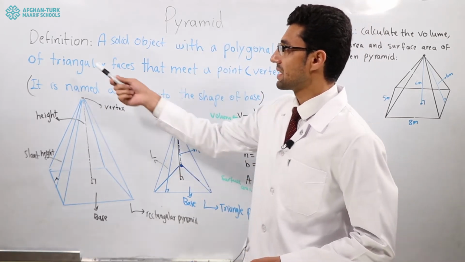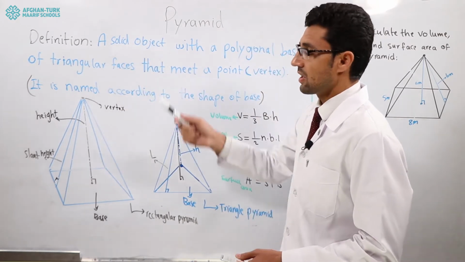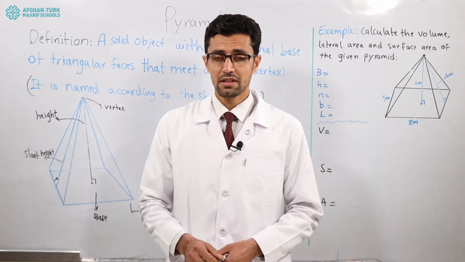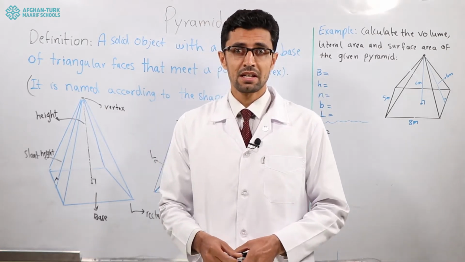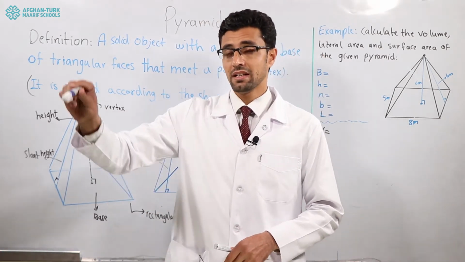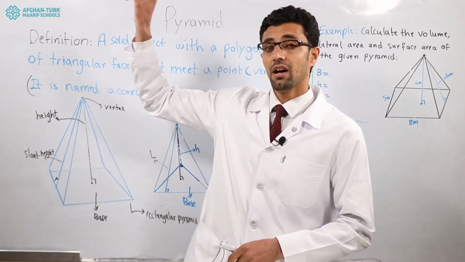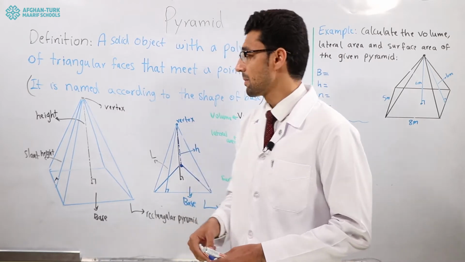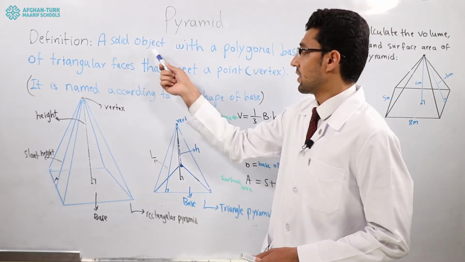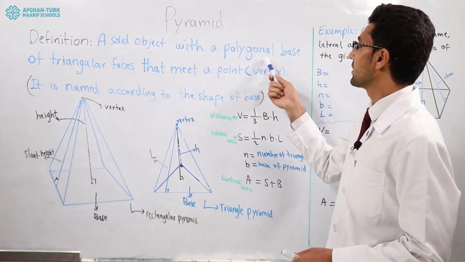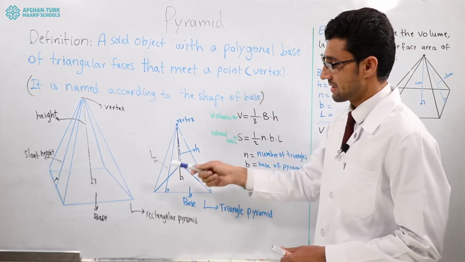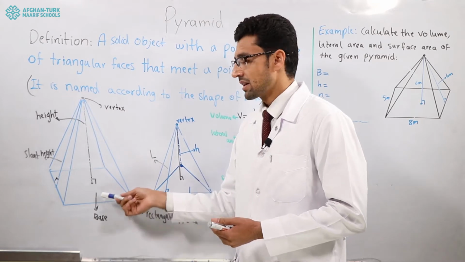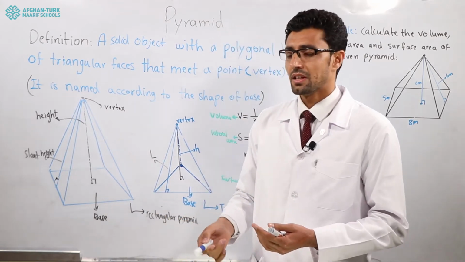Okay? At first, the definition. A solid object. As I told you in the previous lessons, a solid object is an object which has length, width, and height, or is three-dimensional. A solid object with a polygonal base. For example, a triangle is a polygon, a rectangle is a polygon, and others.